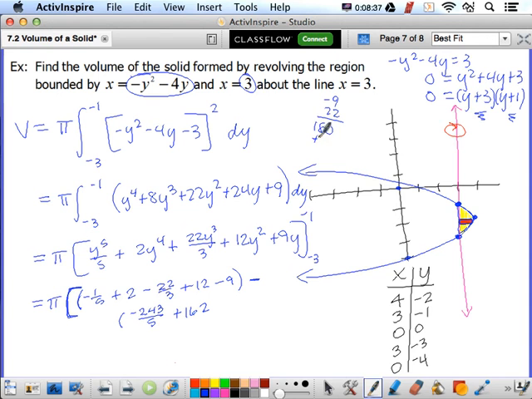Yeah, -198. And then finally, I need to substitute the -3 into this one. -3 squared is 9. 9 times 12 is 108. And then minus 27.